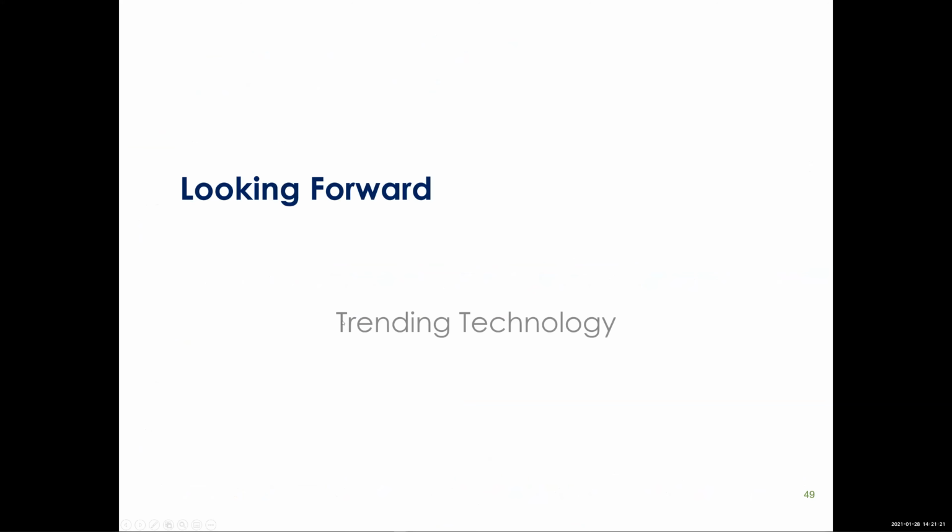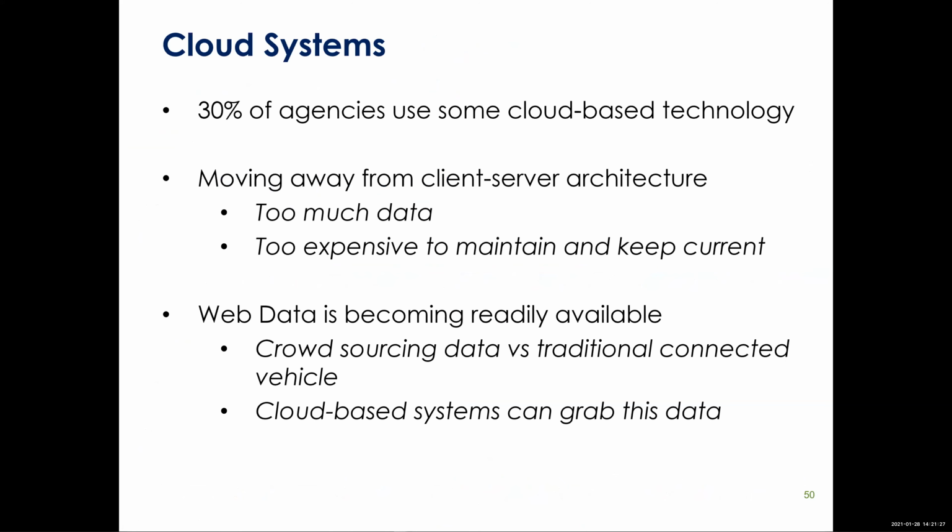So let's look a little bit forward and see where the future is headed. Right now, about 30% of the agencies are using cloud-based technologies. They're either using Waze data, they're using ATSPM that's pushing it up to the cloud, or some sort of data coming from cloud analysis.